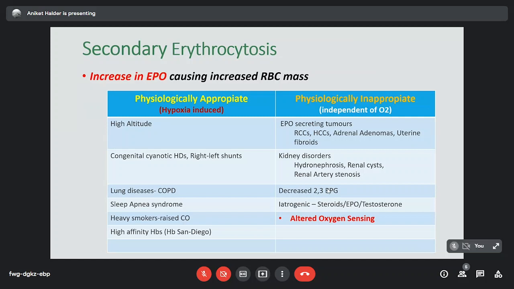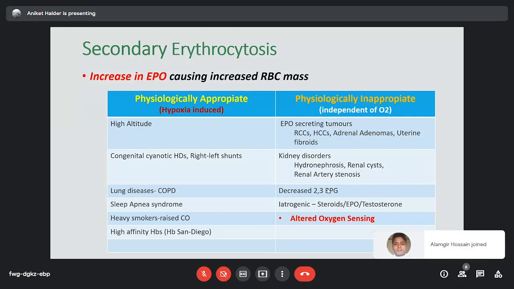It is seen in defined erythropoietin secreting tumors like renal cell carcinomas with aberrant secretion of erythropoietin, or hepatocellular carcinomas with increased secretion of erythropoietin causing increased red cell mass, in different kidney disorders, and in conditions where there are decreased levels of 2,3-BPG, because 2,3-BPG causes a right shift of the oxygen hemoglobin dissociation curve, and its decrease increases the affinity of hemoglobin to oxygen, leading to tissue hypoxia.